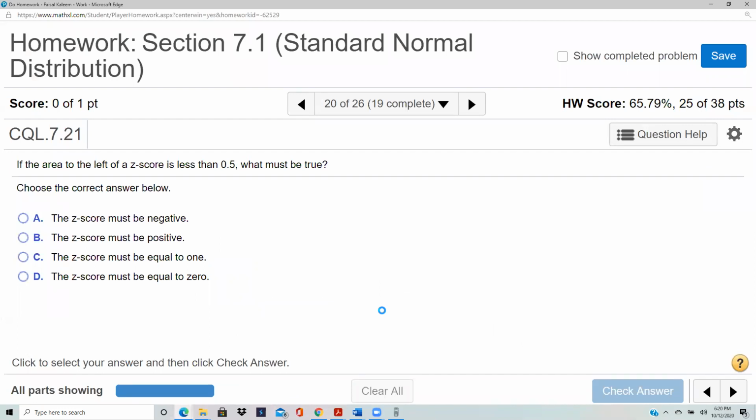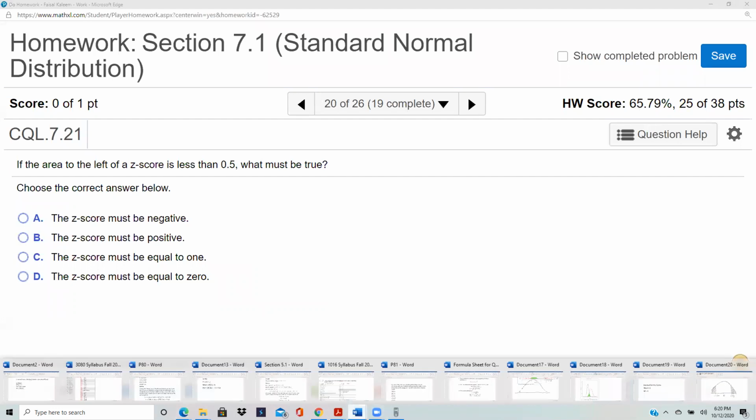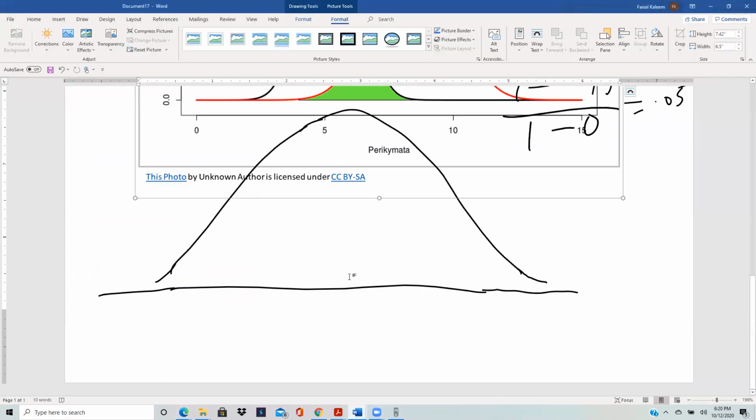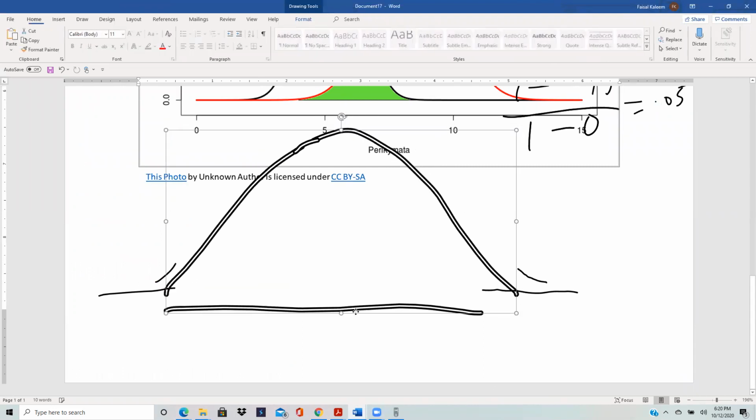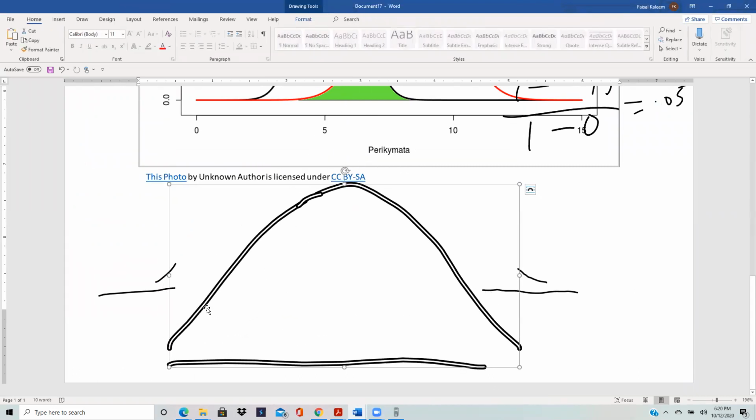If the area to the left of a z-score is less than 0.5, what must be true? On the normal curve, the total area is 1. Let's look at this normal curve, for example. The total area is 1.